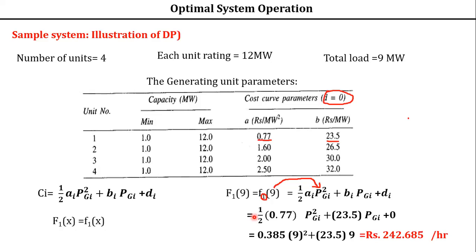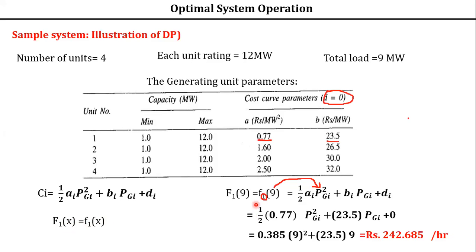Clear? Hope you understood. So here what you are assuming first is that you are operating only one unit, the first unit. So for that one, the cost of generating x megawatt by the first unit is nothing but your total cost of generating x megawatt by N units, and N is only one unit, isn't it?